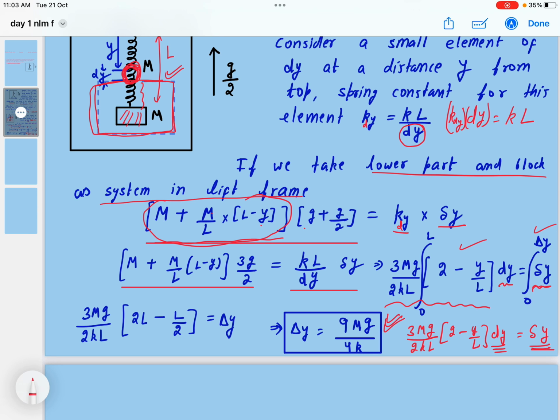That is also the right method, but for that you need to remember the formula of extension in the spring due to its own weight. If you know that formula, then by directly adding the extensions you will get the same answer. If you don't remember the formula, and you find the extension for the spring separately and add it with the extension due to the block, the number of steps will be equal only, right?